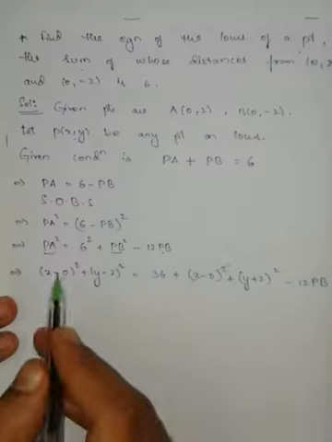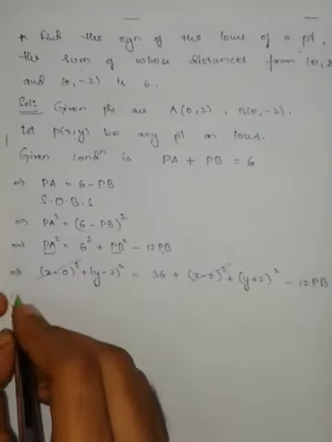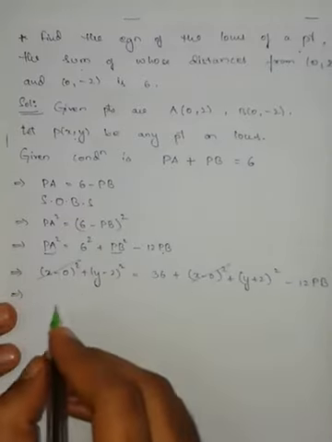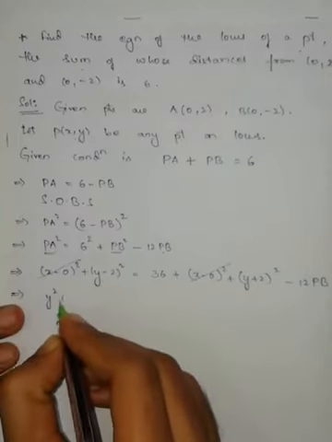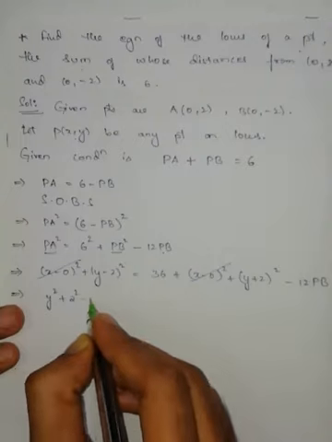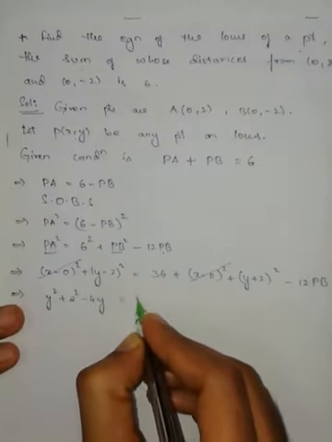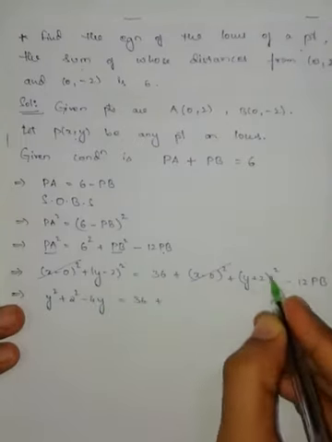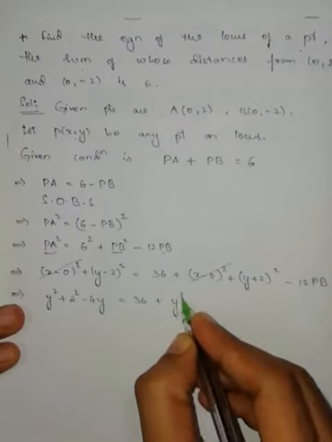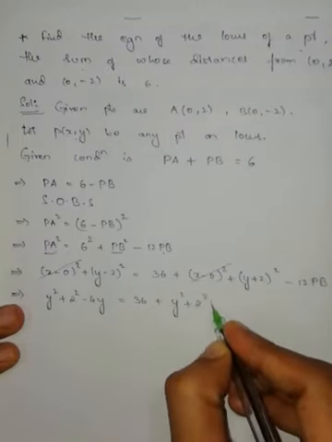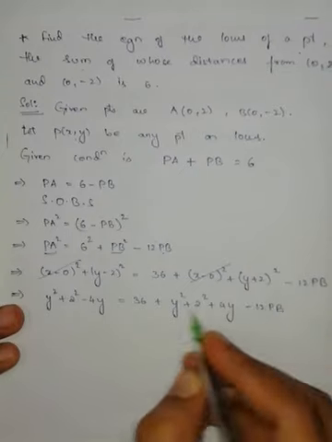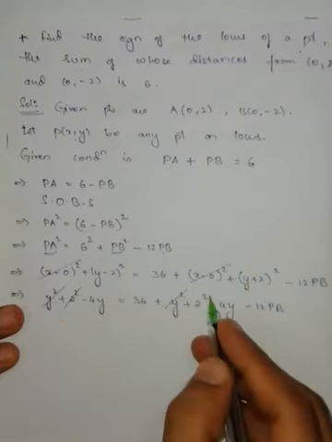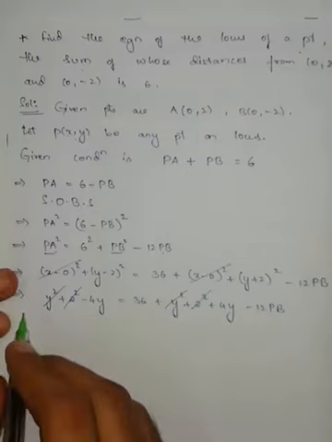(x minus 0) whole square, (x minus 0) whole square get cancelled. Now (y minus 2) whole square, in the form of (a minus b) whole square, y square plus 2 square minus 4y is equal to 36 plus, in the form of (a plus b) whole square, y square plus 2 square plus 4y minus 12 PB. y square, 2 square get cancelled.